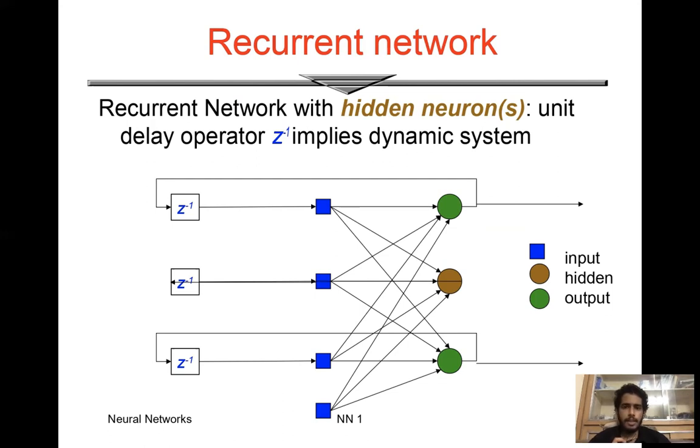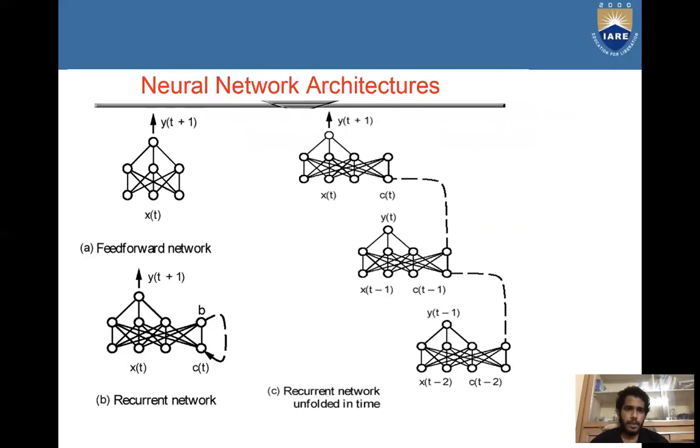After n number of recursions, the output is predicted. The following diagrams depict the single-layered feed-forward network and the recurrent neural network, a recurrent neural network unfolded in time.